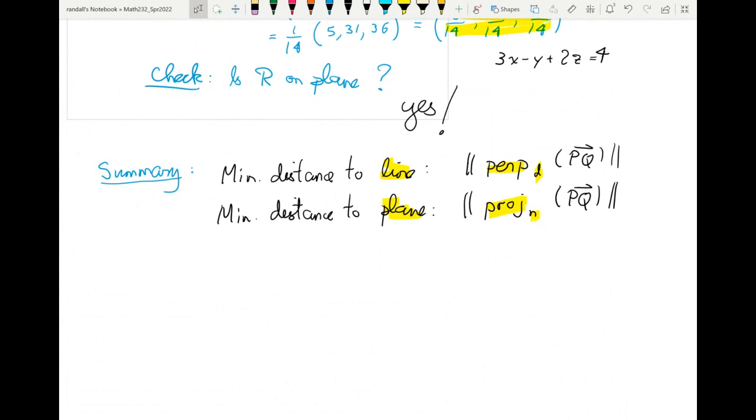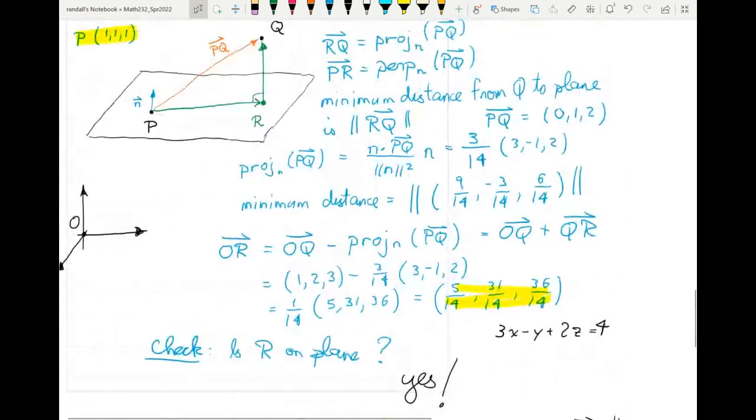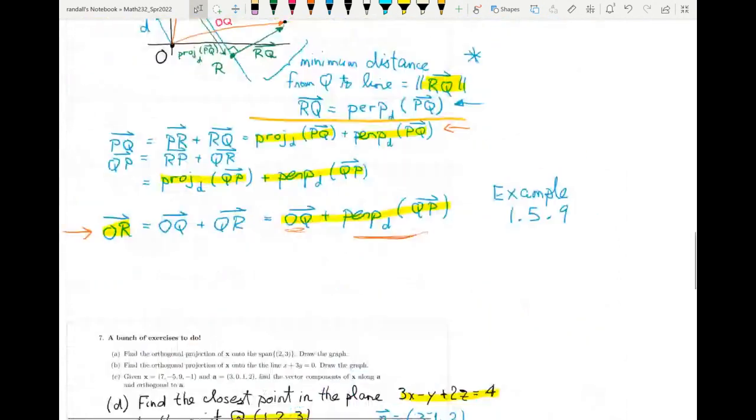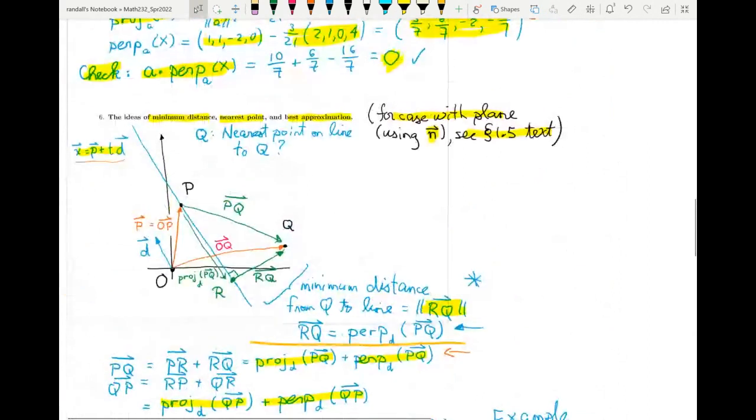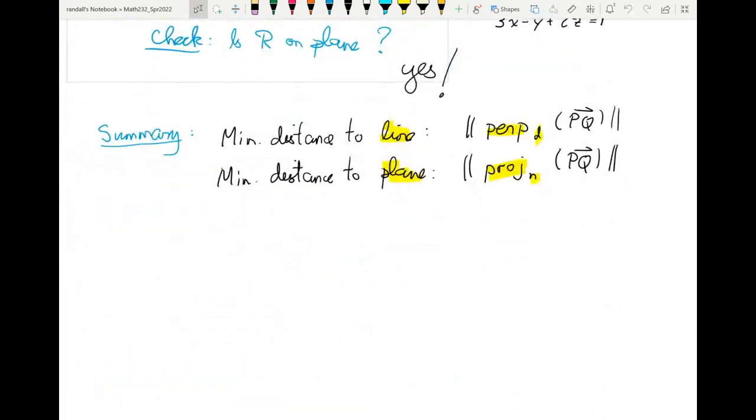I emphasize that it's not a good idea just to try to remember formulas. It really helps to understand where they come from, because you could have made the mistake that because the minimum distance to the line uses the perp d formula, then the minimum distance to the plane uses the perp n formula, and that in fact is incorrect. If you didn't realize that, you'd run into problems and you wouldn't know what was happening. So it's much better, if I were you, to make these little sketches like this one here and this one up here, just to see what's going on. Once you understand those sketches, then you're set to go. You understand the situation, you've understood how these different vectors are created from those various points and how you utilize the distinguished directions d and n in these problems to find minimum distances.